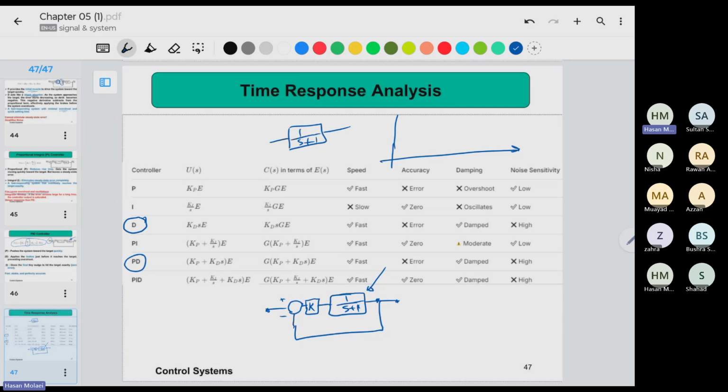How is the output when you have the step input? It's just one simple exponential thing, right? It just starts going and rises with an exponential with a tau of 1, right?